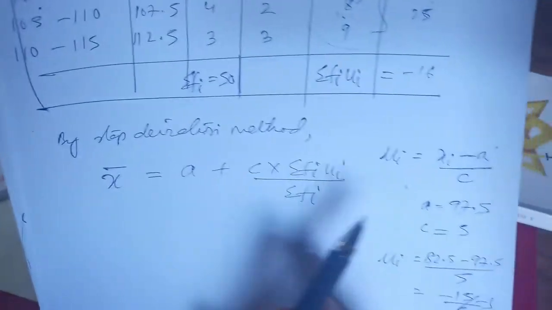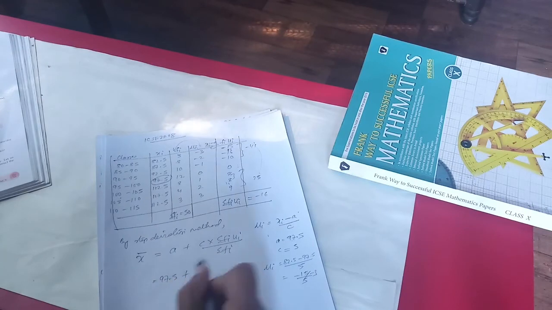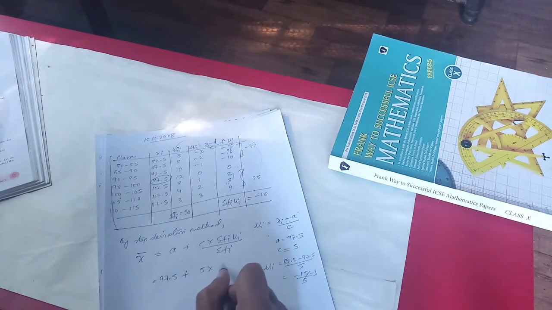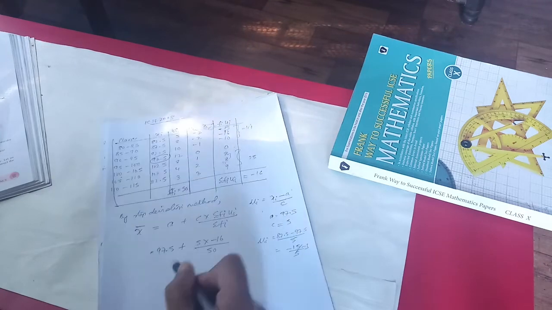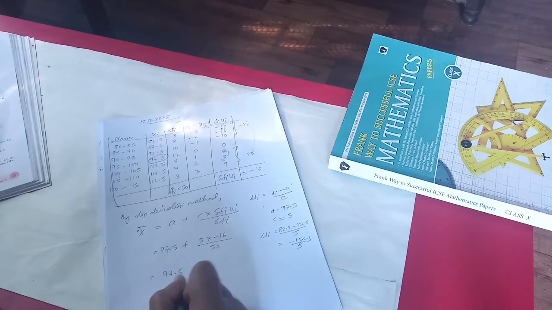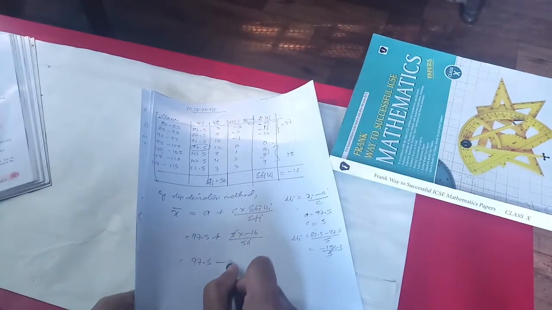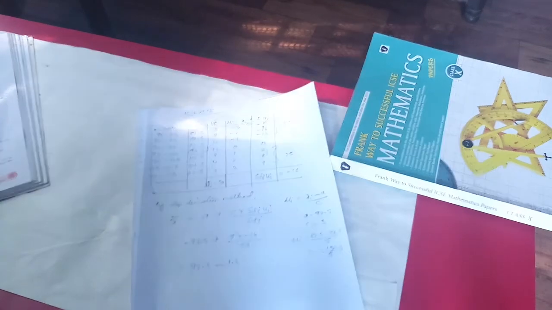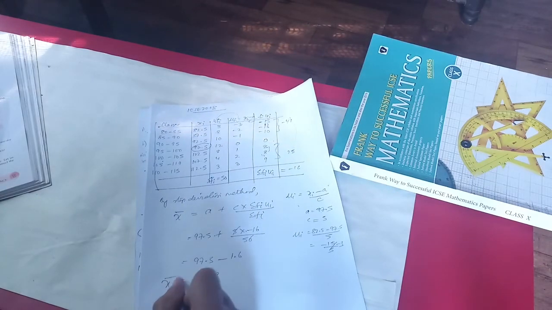Now in place of A you substitute 97.5. C you got is 5. Summation fi ui you got minus 16. Summation fi is 50. So 97.5 plus into minus will become minus. It will be minus 1.6. So when you subtract that from 97.5, you will get 95.9.